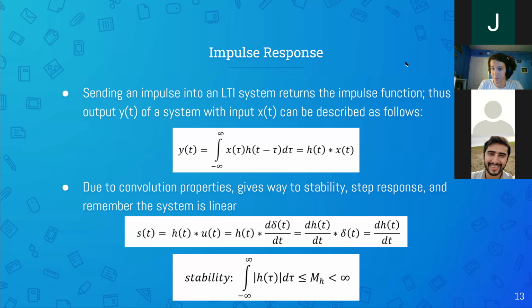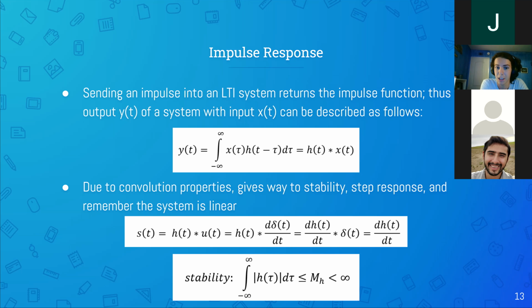So, impulse response. Another very important part of this class, comes up just about everywhere, is the idea of an impulse response. So if we send an impulse, a delta function, into an LTI system, it returns the, quote, impulse function. So the output y of t of a system with input x of t is described as that. I wish I had the proof of that up here just so I could go through it a little more. But you can sort of think of it like if x of t was equal to delta of t, right?